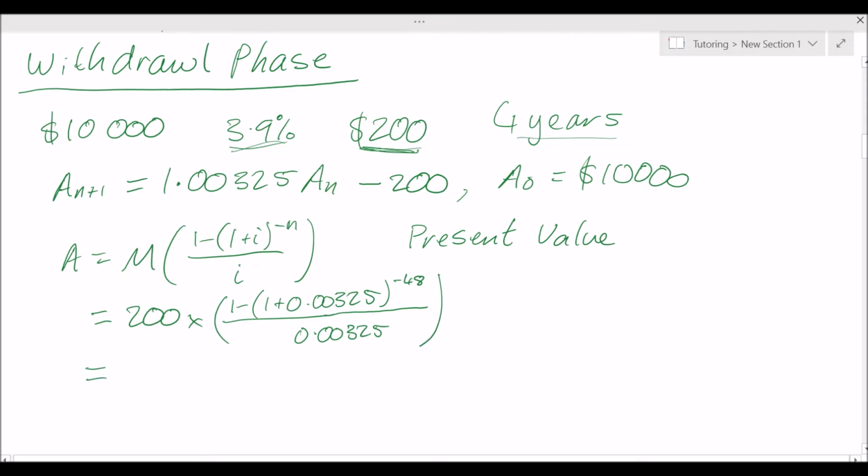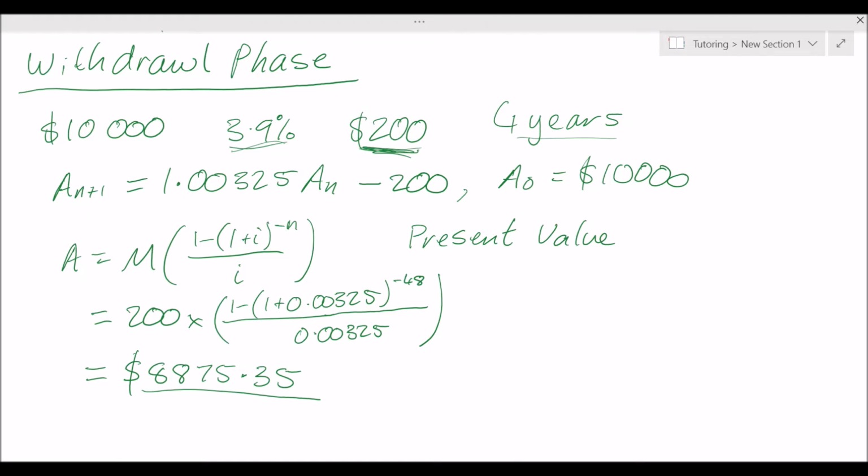Pop all that into my calculator, and I should get, okay, so right now in the present, I need to put this amount of money, 8,800, blah, blah, blah, into the account so that I can withdraw $200 for 4 years. Okay, so that's the present value formula.